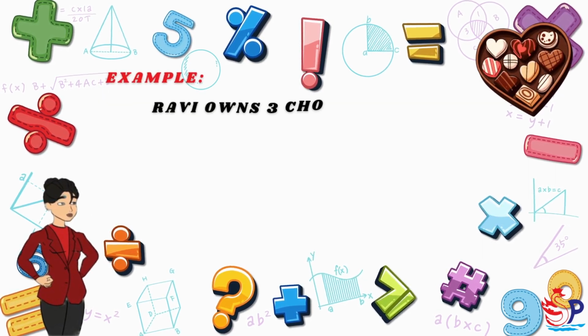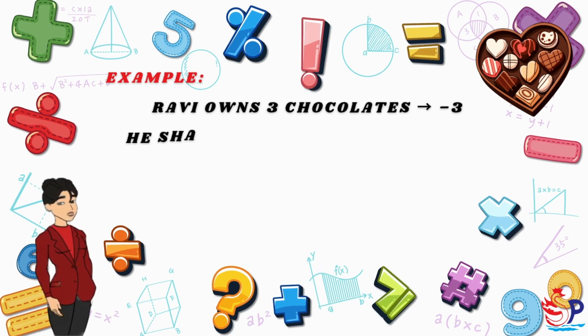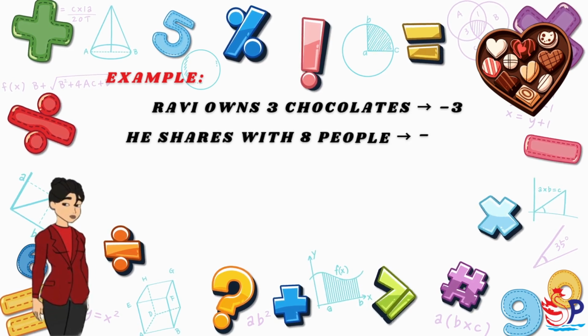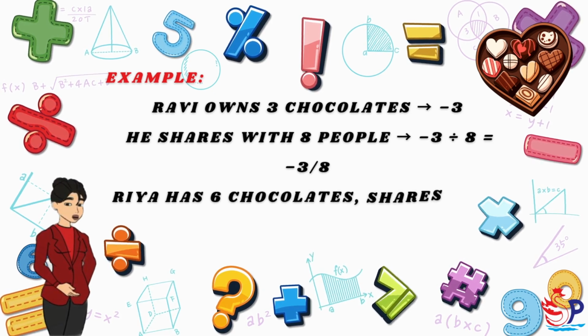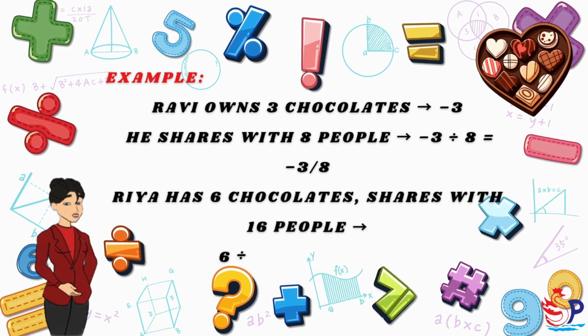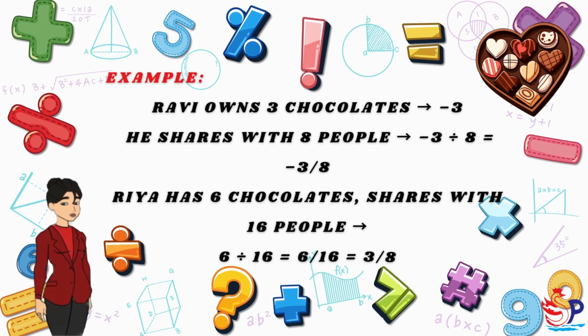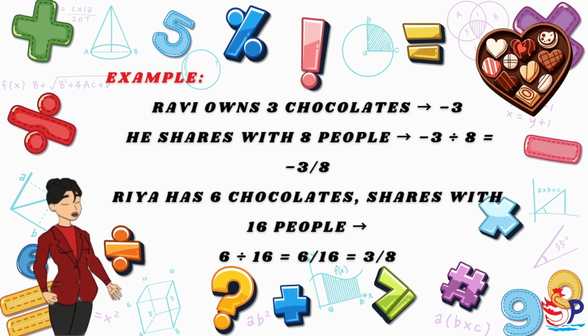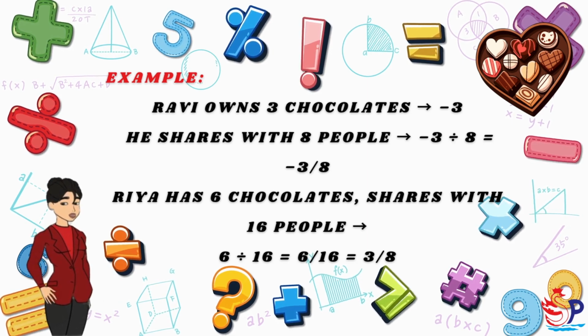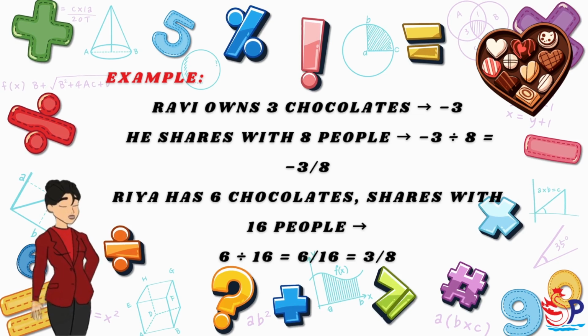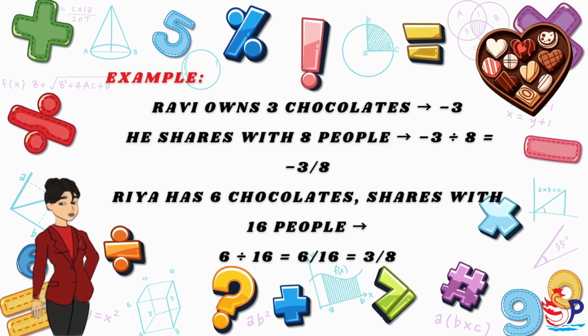Example: Ravi owes 3 chocolates, minus 3. He shares with 8 people, minus 3 divided by 8 is equal to minus 3 by 8. Ria has 6 chocolates, shares with 16 people. 6 divided by 16 equals 6 by 16, which is equal to 3 by 8.